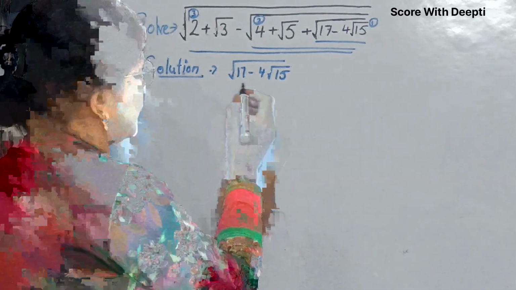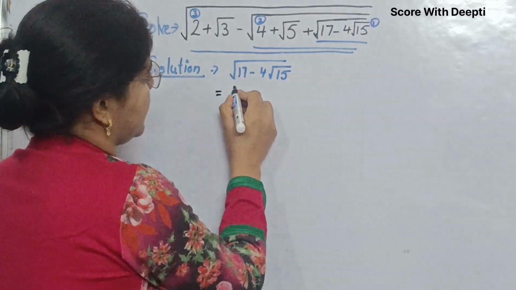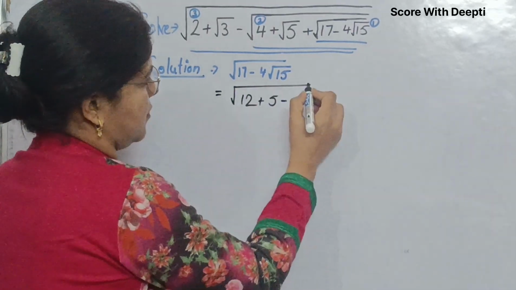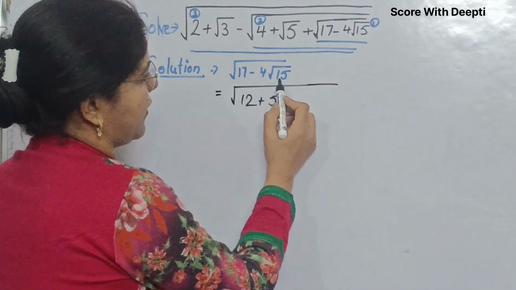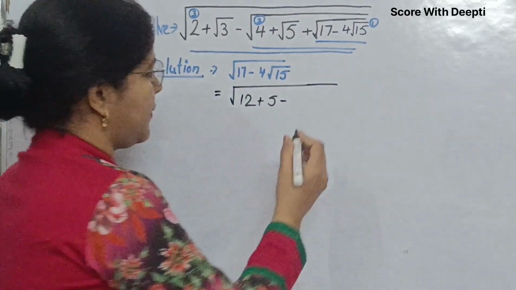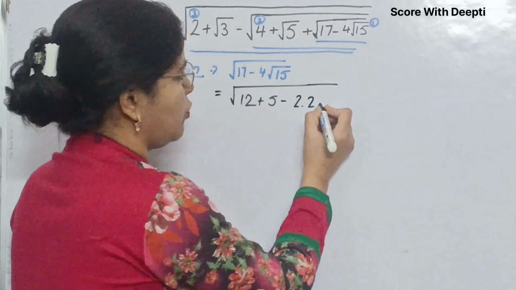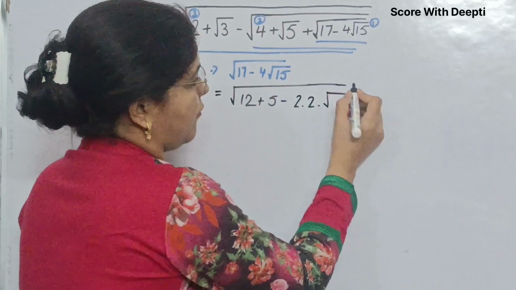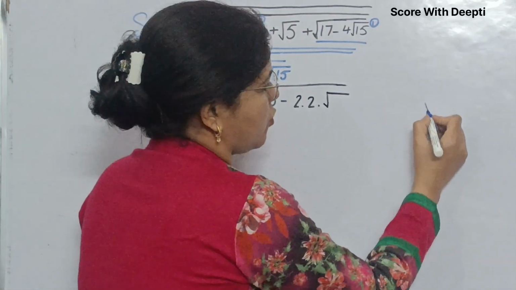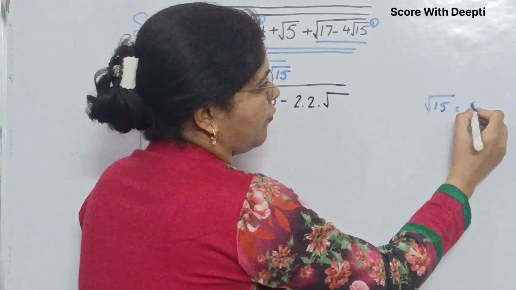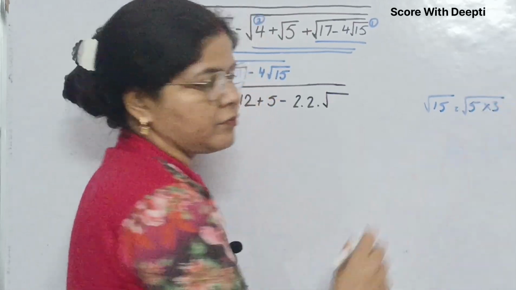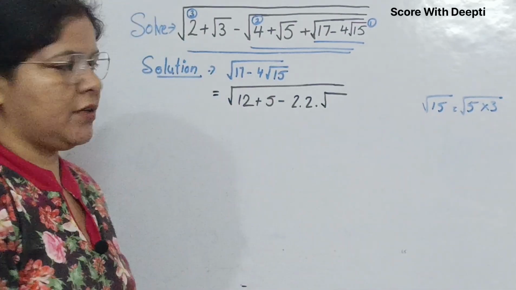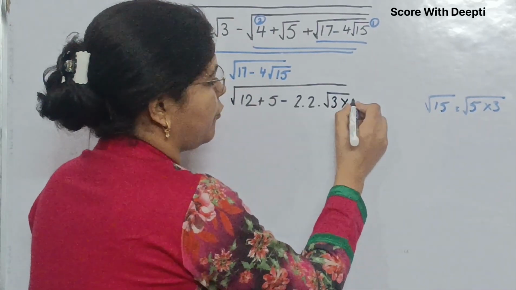Next, we write 17 as 12 plus 5, and in place of 4 square root 15, 4 can be written as 2 into 2, and square root of 15 we can write as square root of 3 times 5. We write here 3 into 5.